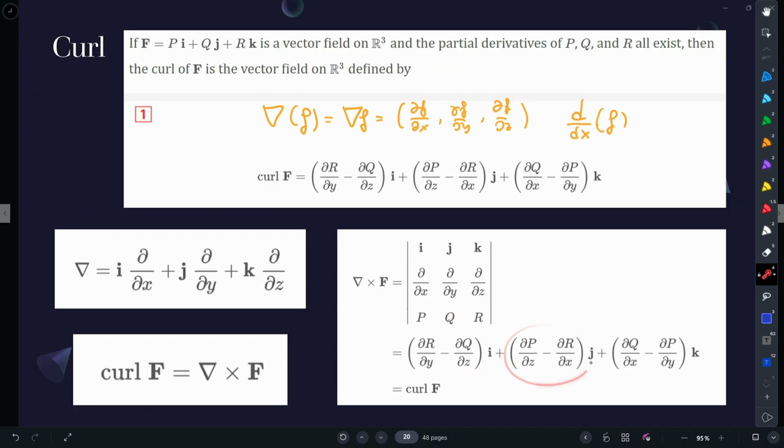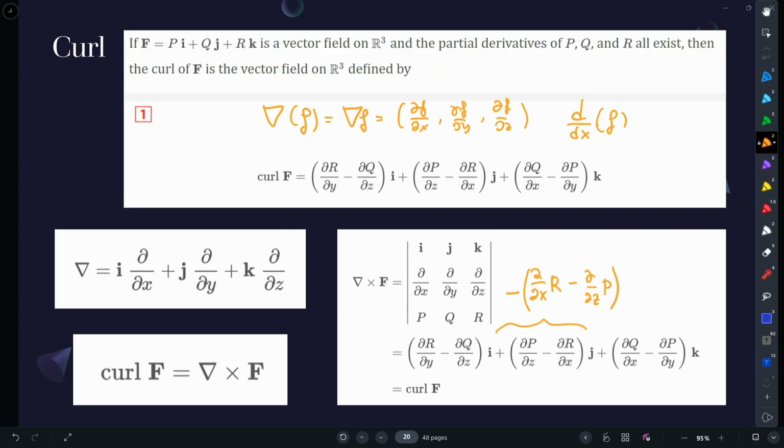Now, this one is going to be, you go here and do this times this, minus this times this, and I like it better if this was written as we do with cross product, which was minus j times the derivative with respect to x of r minus the derivative in z of p.